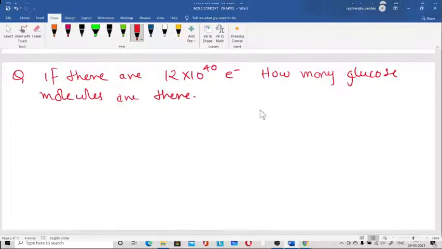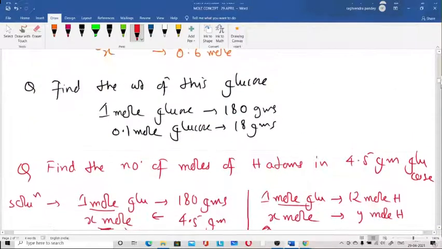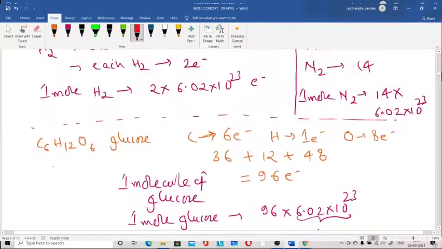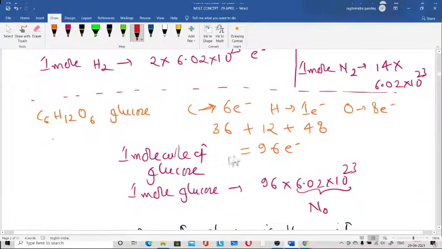Okay, this is the question. This is the number of electrons, so you have to find how many glucose molecules are there. Now I told you about the number of electrons: 1 molecule of glucose has 96 electrons, and 1 mole is 96 into Avogadro number.